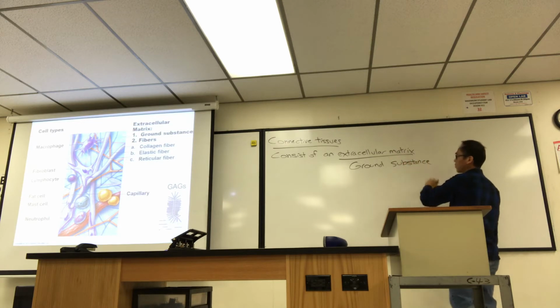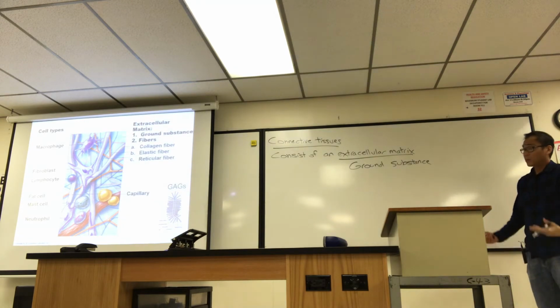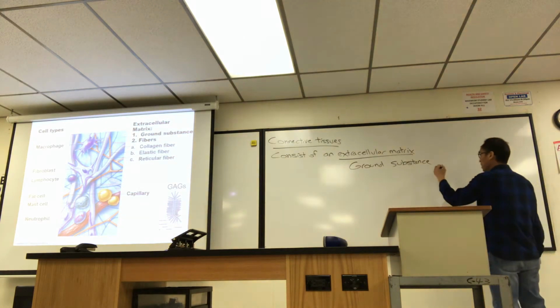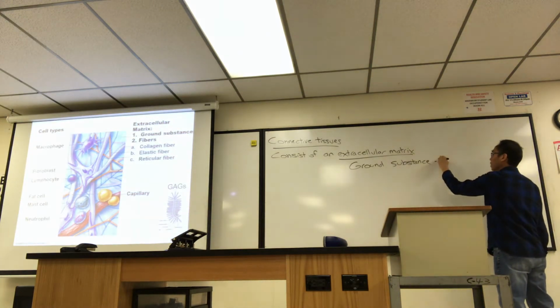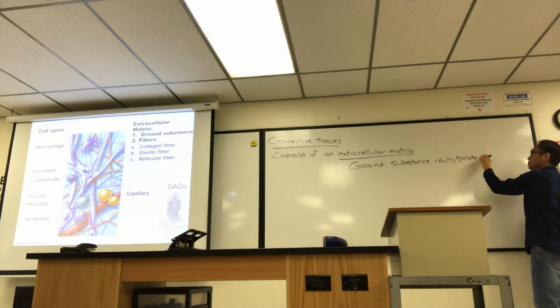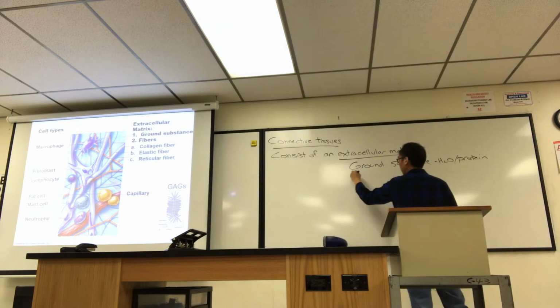You don't really see ground substance in a microscope slide, but it's a lot of water and a lot of protein. In the ground substance, it's like a filler. Fibers you do notice, a lot of different kinds of fibers.